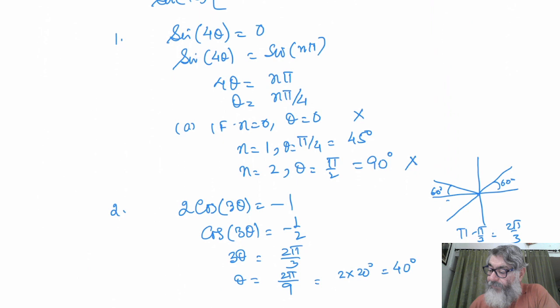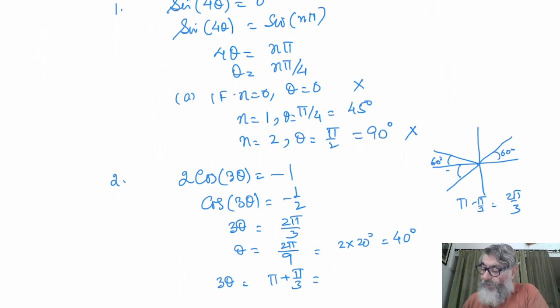And it will be negative here also. 3 theta can also be pi plus pi by 3, because in the second and third quadrant it is negative. So 3 theta is this. Because we want a specific value, we could have written 2n plus 1 plus minus 2 pi by 3 also.